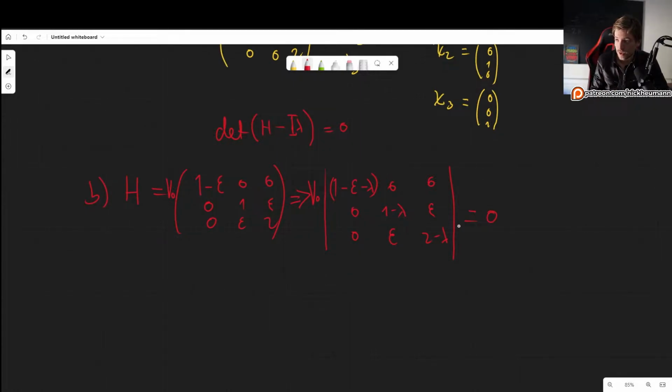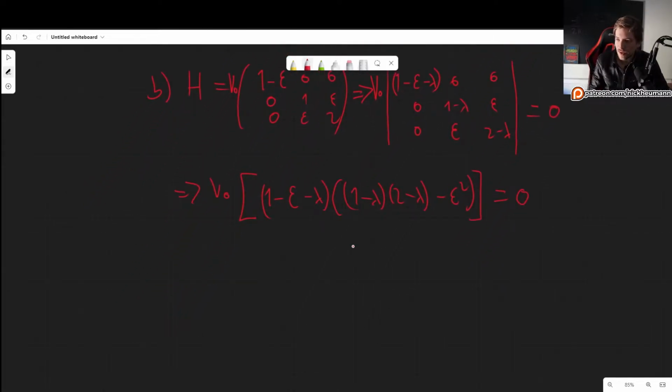It's very important. So to calculate that determinant, we get V0 times 1 minus epsilon minus lambda, times, and then we have this times this. So we get 1 minus lambda times 2 minus lambda, minus this product, so minus epsilon squared. And that has to be equal to 0.